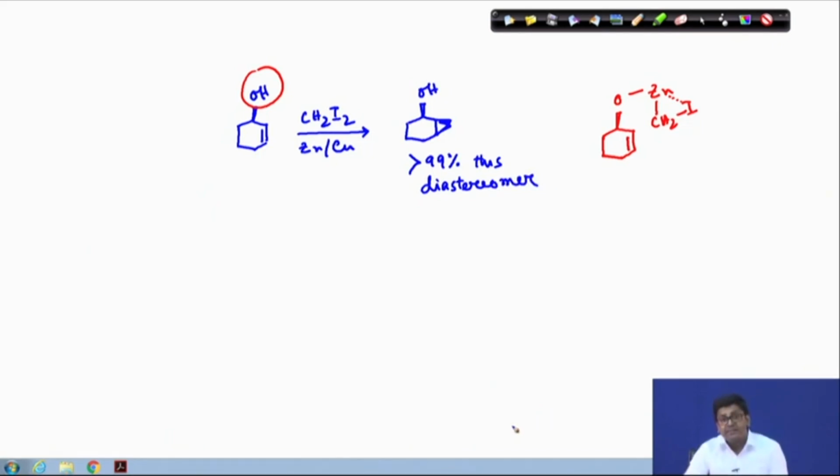Another very interesting aspect of this reaction is that it is much faster, almost 100 times faster than its unfunctionalized precursor.